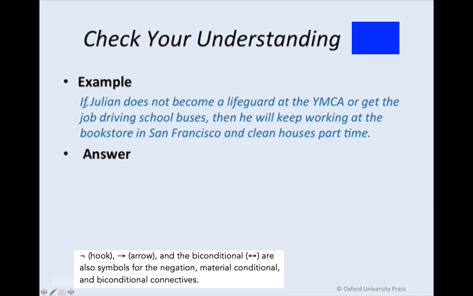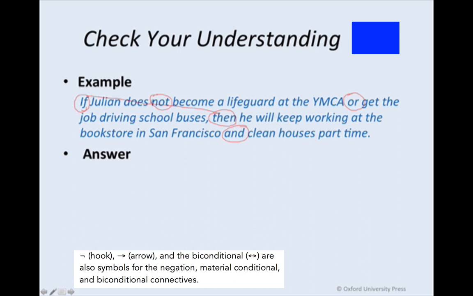So I'm going to start by identifying connectives. I've got an if, then. I've got a not. I've got an or. And I have an and. So I've got a conditional, a negation, a disjunction, and a conjunction.